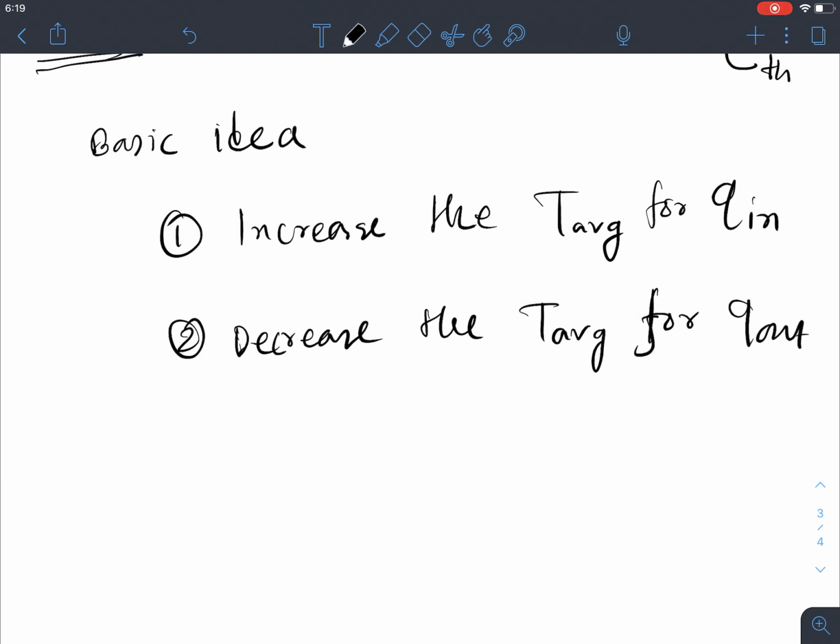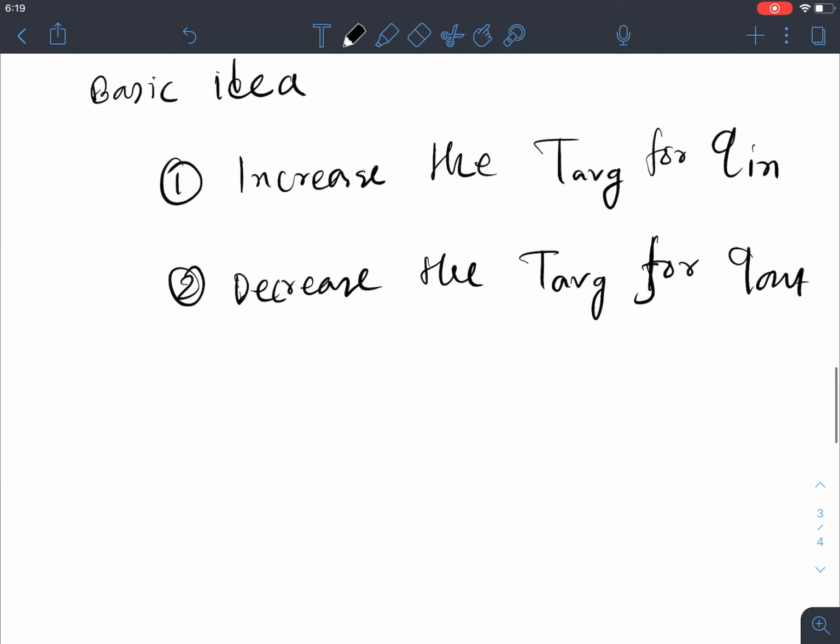When the heat rejection is happening, we have to decrease the temperature, meaning we have to cool down that working fluid as much as we can. And when it's going to the boiler, or the heat exchanger, we have to increase the temperature as much as we can.